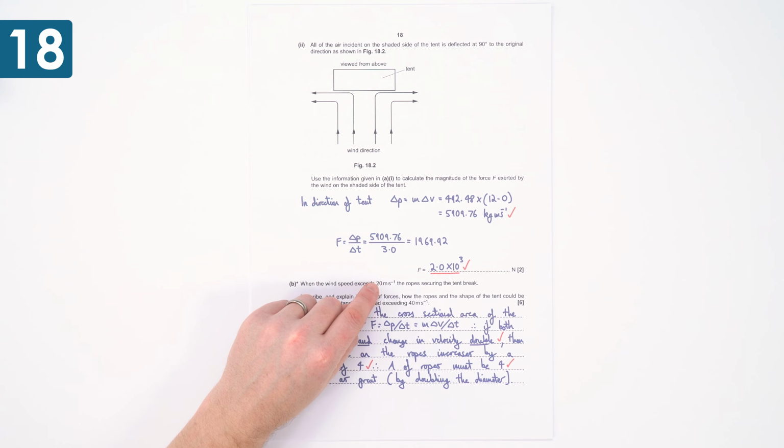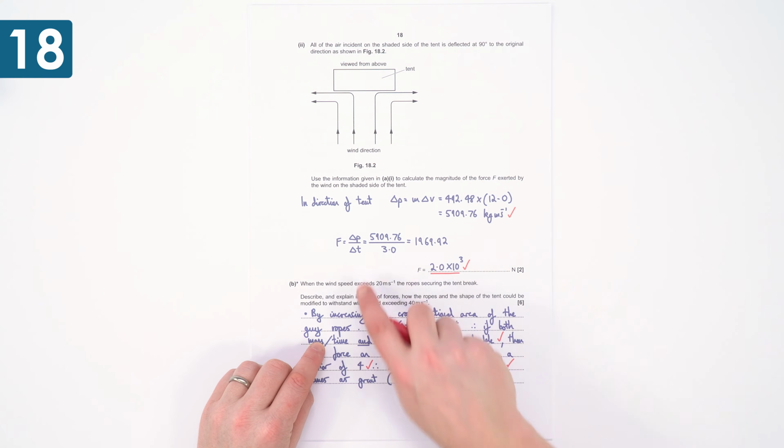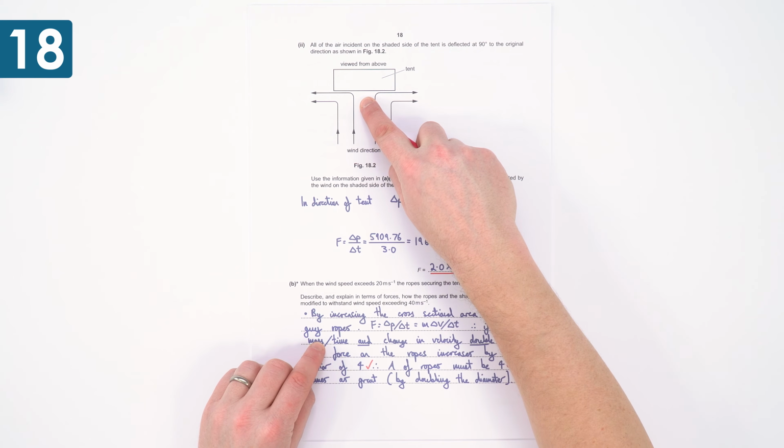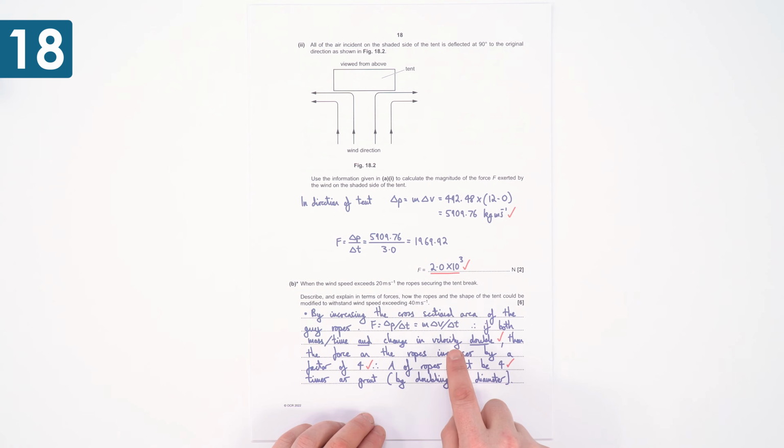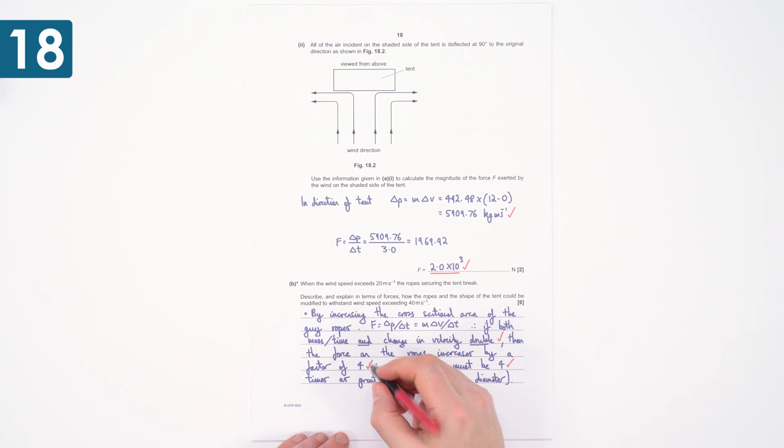Now, if it goes from 20 to 40, we're going to have double the mass of air hitting the side of the tent every second, and double the change in velocity. So we're doubling delta v, and we're doubling delta m over delta t. And that means the force is actually going to increase by a factor of 4. And that's something that I think lots of students didn't quite realise.